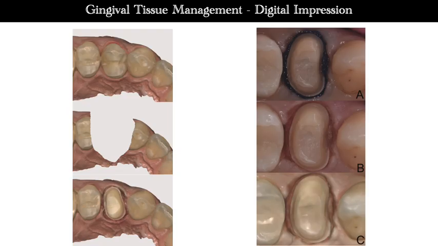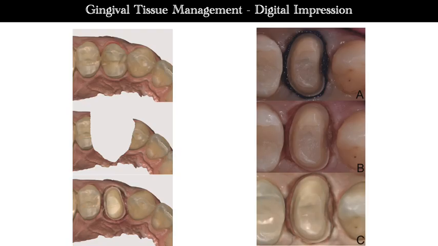Now the story does not end here, because even the minute strands present in the gingival retraction cord are going to fall onto the finish margin, and those areas are not recorded by the digital impression. So that has to be recorded as well. The last digital impression would be: you remove the retraction cord and immediately do another scan of that particular tooth.